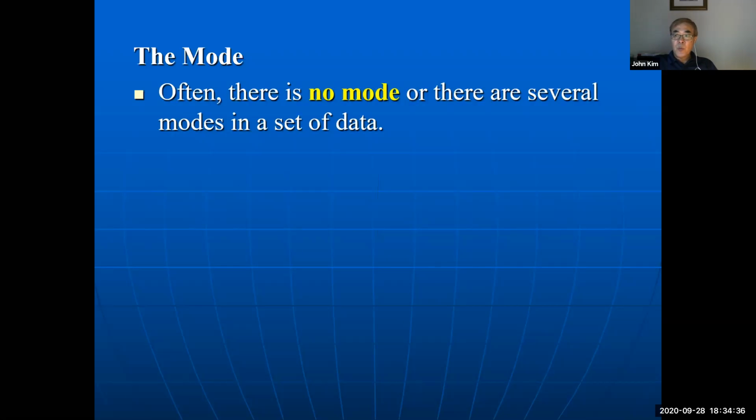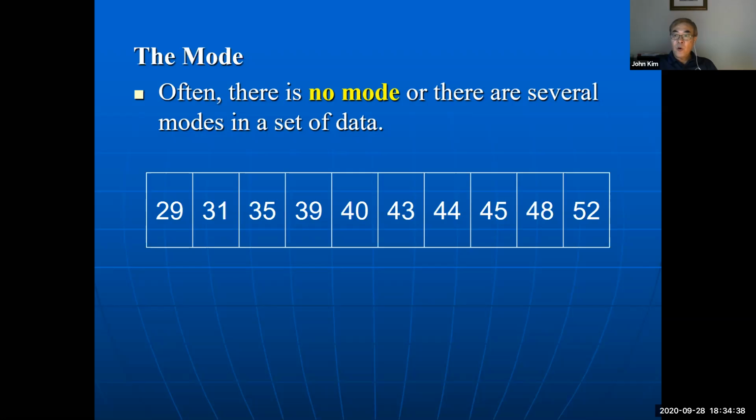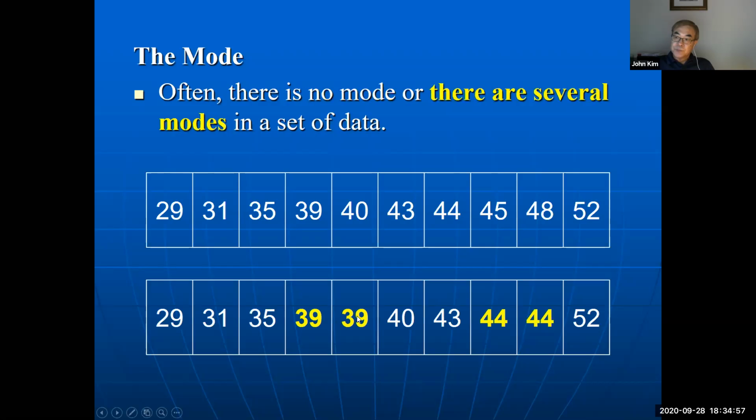Maybe there is no mode if all members appear the same number of times, once or twice, then there is no mode. Maybe there are 2 or more modes in a data set: 39, 39, 44, 44. So there are 2 modes, 39 and 44.